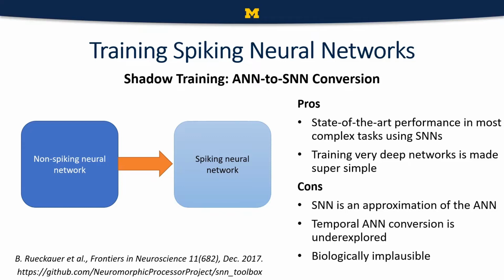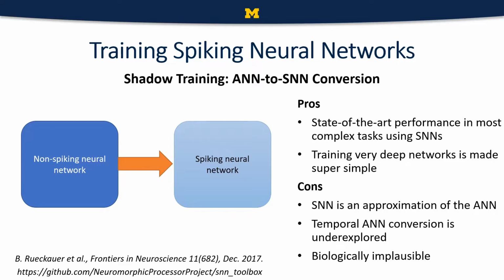On the drawbacks here, though, by necessity, when we do the conversion, the SNN becomes an approximation of the ANN. Because of that, your spiking neural network now has an upper limit on performance, and that upper limit is set by the artificial neural network.